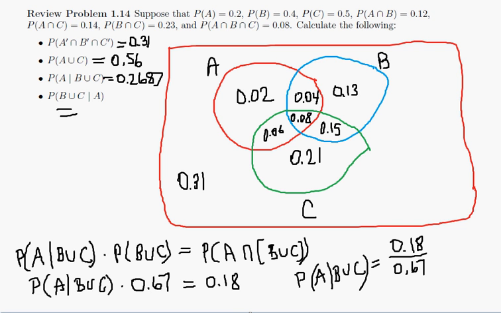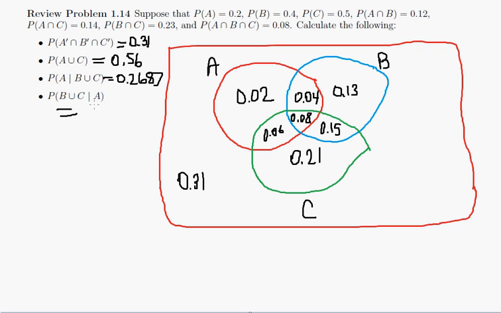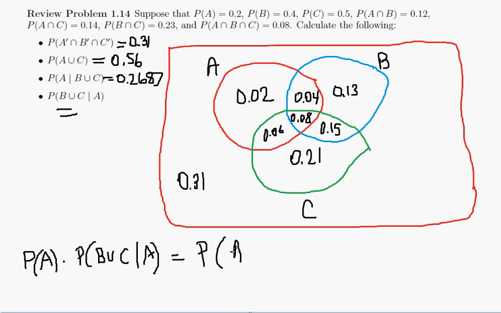Okay, finally the last one will be obtained similarly: the probability of B union C given A. Using the same logic as before, the probability of A times the probability of B union C given A is equal to the probability of A intersect B union C. So the probability of the first and the second is equal to the probability of the first times the probability of the second given the first.